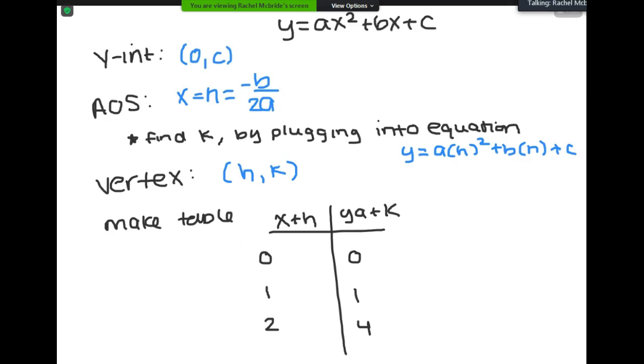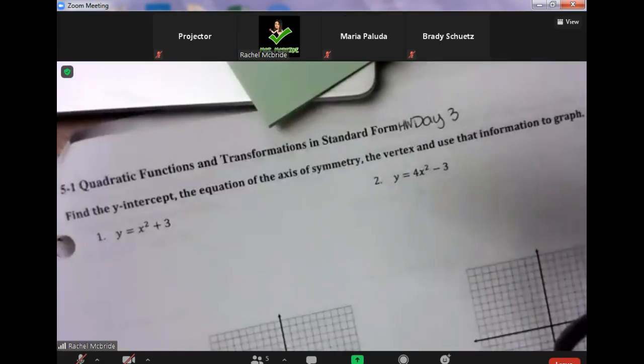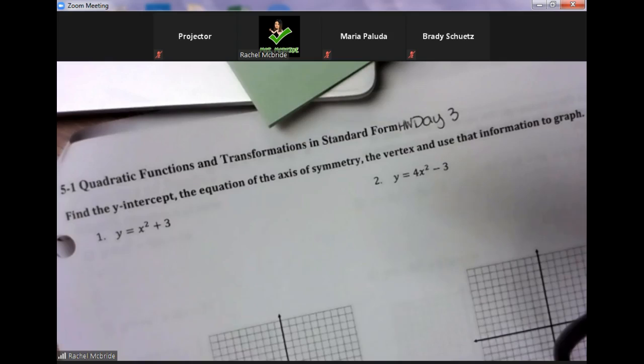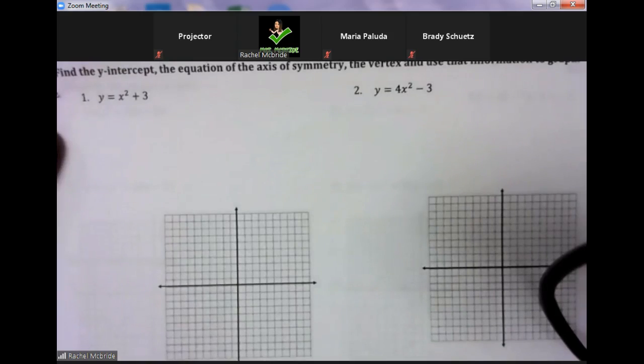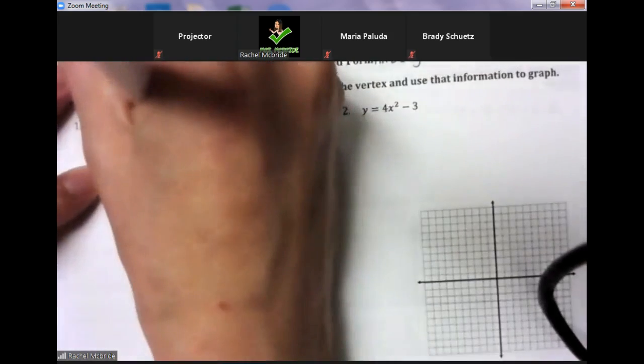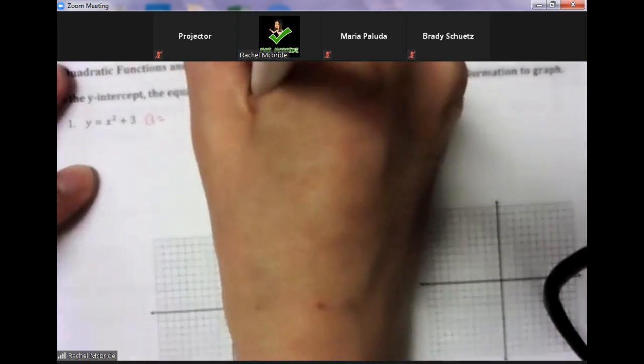Yes. So looking at that first one together as a group, let me switch to my document camera for you. There we go. So I always just like to say, okay, what's A, what's B, and what's C?